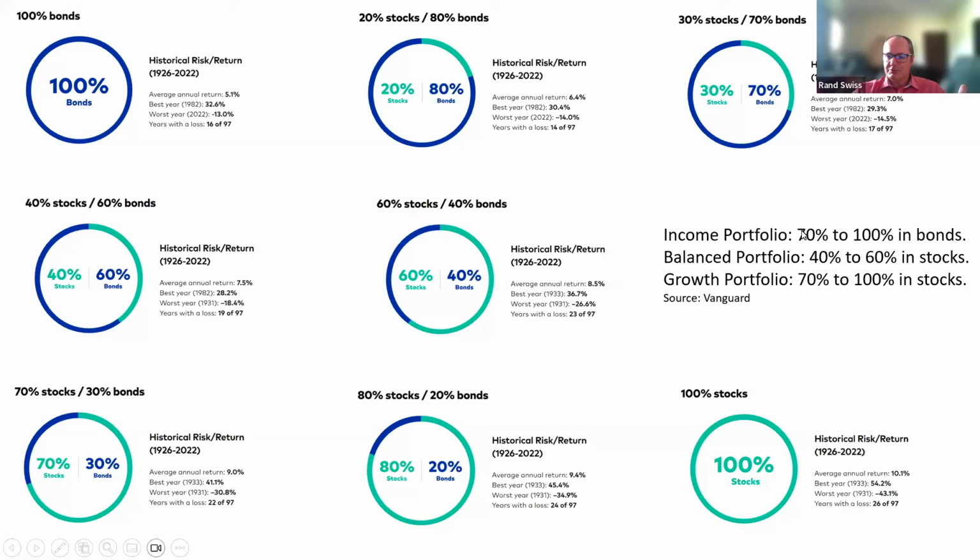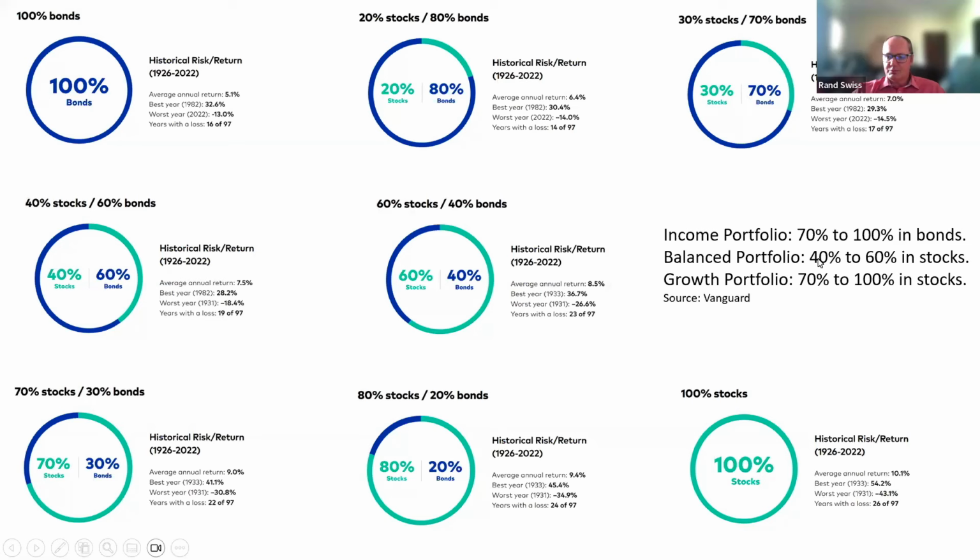An income portfolio is typically 70% in bonds or bond equivalents and more. So above 70%. So what am I saying? Equity is only 30% or less. So this portfolio is a 100% bond portfolio. This is 80% bond. This is 70% bond. So the top row is what we consider an income portfolio.